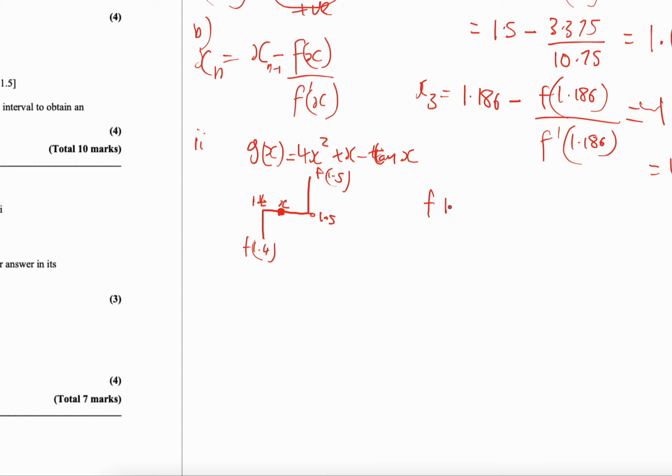So g of 1.5 divided by 1.5 minus x equals g of 1.4 divided by x minus 1.4.